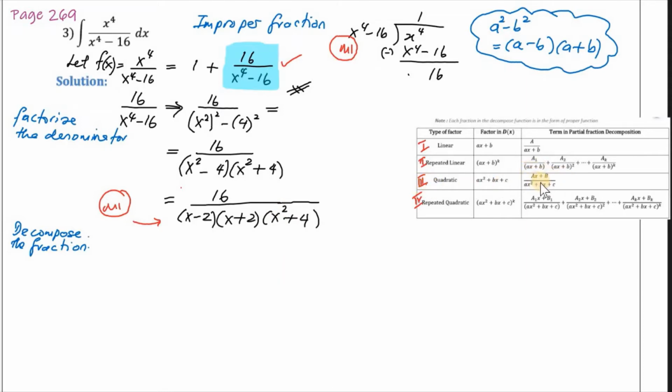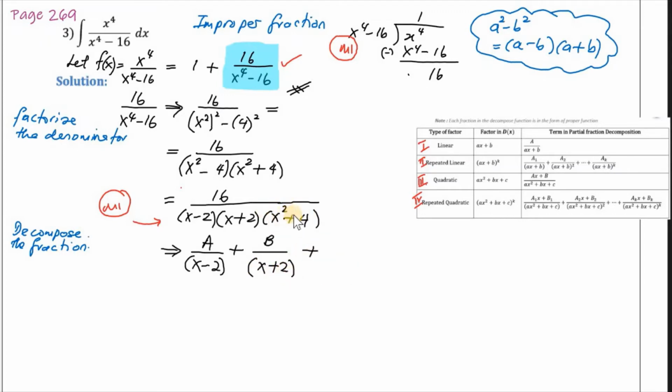So how to decompose it? The numerator portion will receive a constant times x plus another constant. So the first mark here, when you decompose it, make sure that you write it down clearly. I'm calling the constant A for the first factor. Here we have another linear factor, so I receive a single constant, B, for the factor x plus 2.